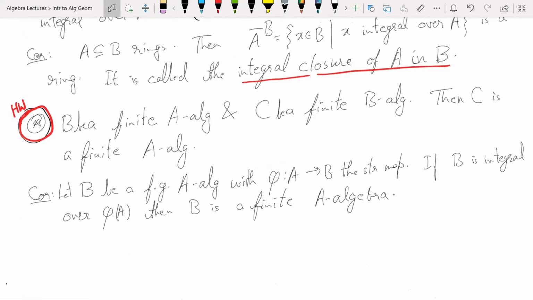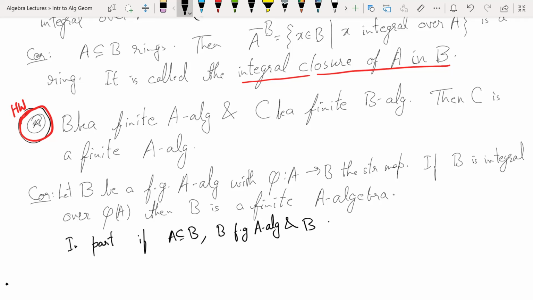In particular, if A is contained in B, some ring extension, B is a finitely generated A-algebra and B is integral over A, this implies B is a finite A-algebra.